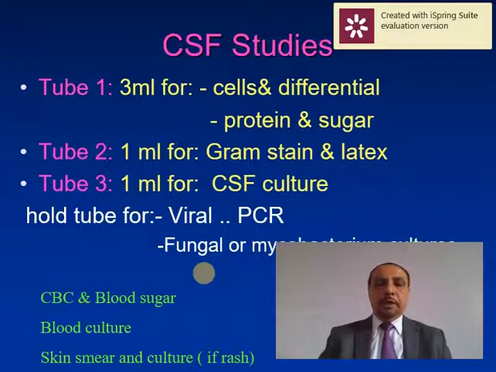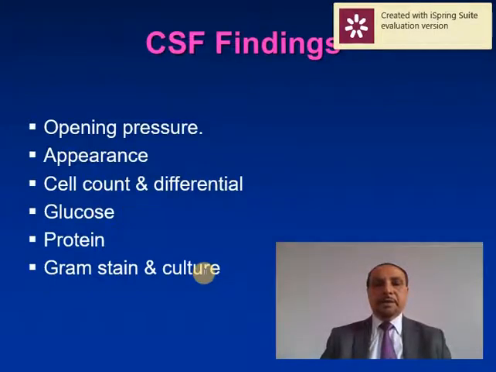We will do CBC and blood sugar, blood culture, skin smear and culture. Skin smear is done if there is meningococcemia, to know whether there is meningococcemia with meningitis or separate meningococcemia.